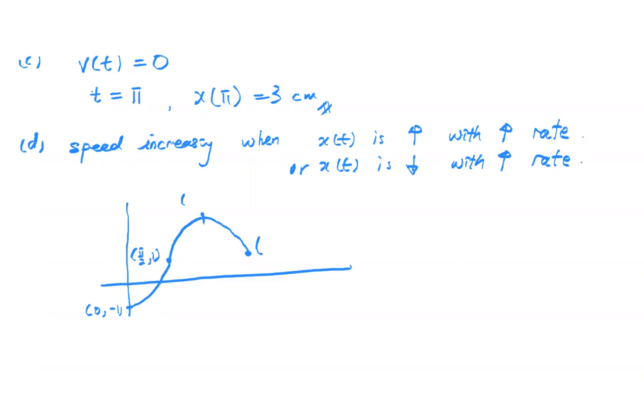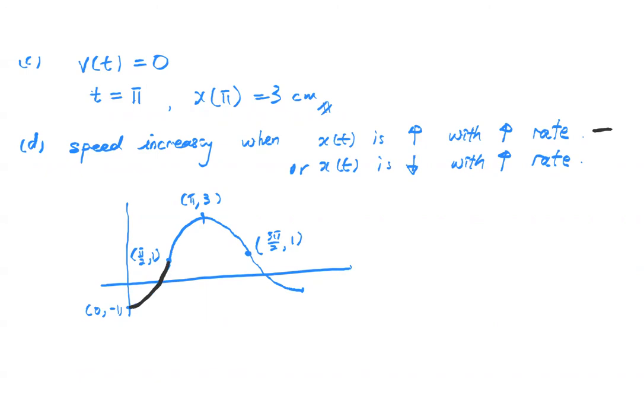This is pi and 3. This is 3 pi by 2 and 1. Then you go down. So look, increasing with increasing rate is this part. You see?